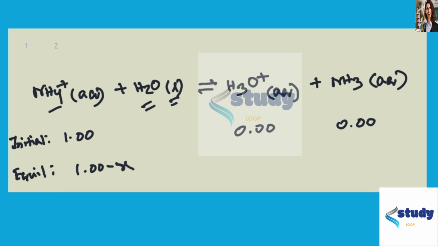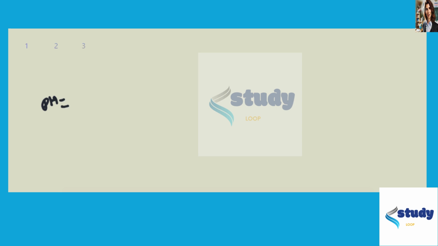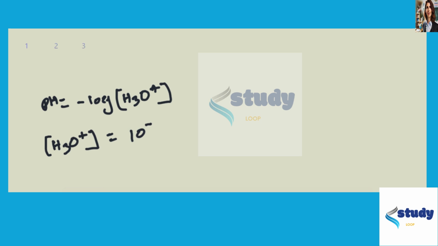What will be the H3O+ concentration? In the resulting solution we have the pH as 9. pH is the negative log of the H3O+ concentration, so the H3O+ concentration is 10 to the power minus pH, which is 1 times 10 to the power minus 9.